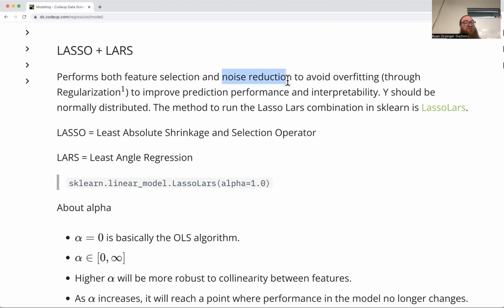So don't be surprised if lasso Lars does a little bit better than an OLS, just a plain old linear model. I'm not going to go into least angle regression or what that means, or least absolute shrinkage and selection operator right now. Just think of this as another way of fitting a curve to points.